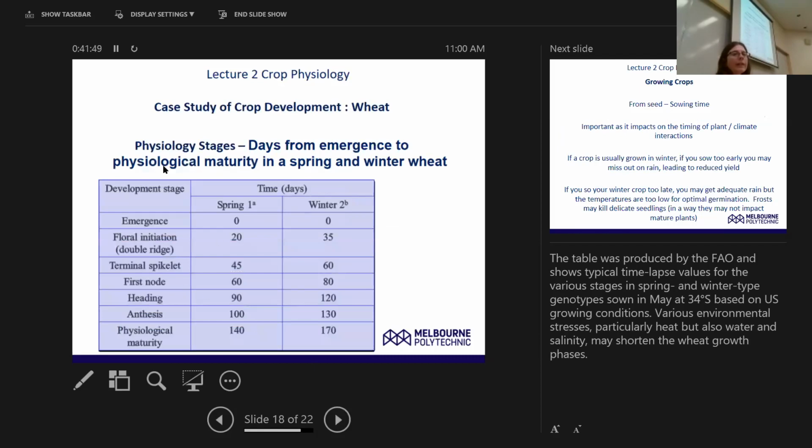What we have here is a table that summarizes for wheat the physiological stages. So we've got days from emergence to physiological maturity in spring and winter. So this is the spring data and this is the winter data. Can anybody tell me what the difference is? What do you note from that data?